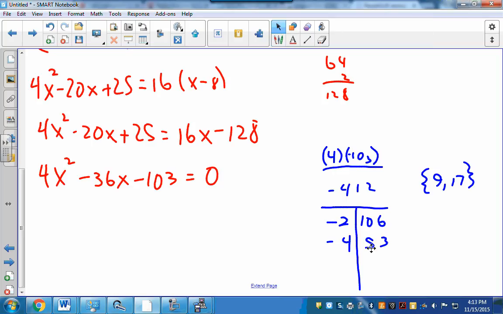I want to get negative 36. So we're getting close there. I'm going to use the quadratic formula and see where that goes.